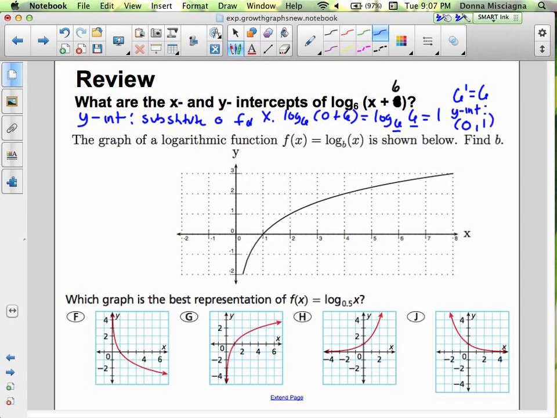And then how about an x-intercept, right? So then we have to set the whole thing equal to 0, and then we have to solve, and that might be a little tricky for you guys right now.